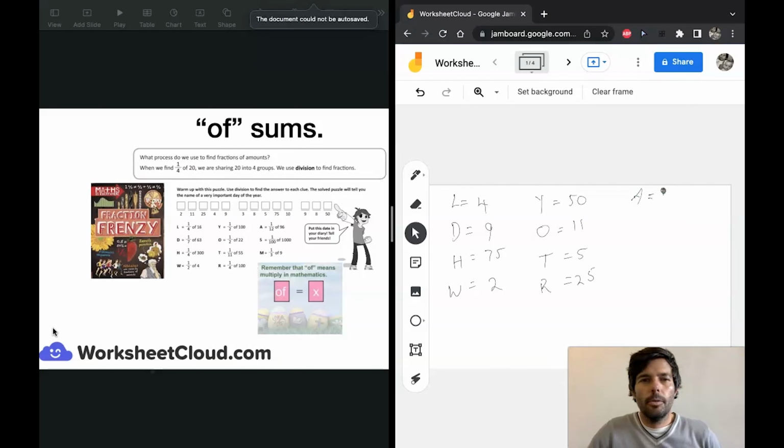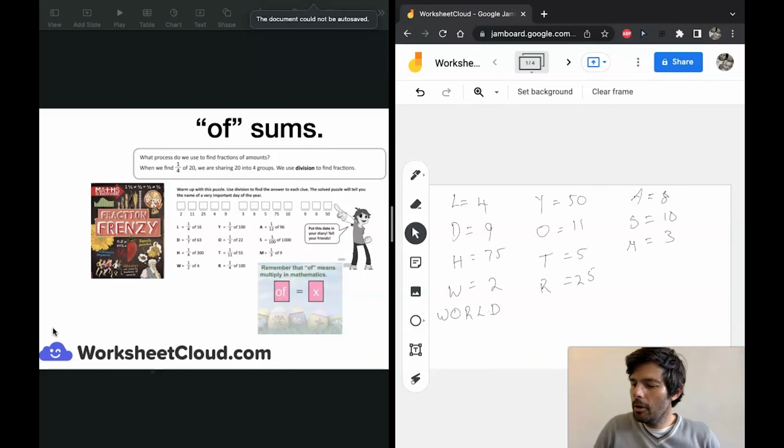We're nearly there. 1/100th of 1,000 is 10, and 1/3 of 9 is 3. Straight away we look for the answer 2, which is W. 11 I think was O. 25 I think was R. Once you've plugged all of those in, you should work out the first word is world.